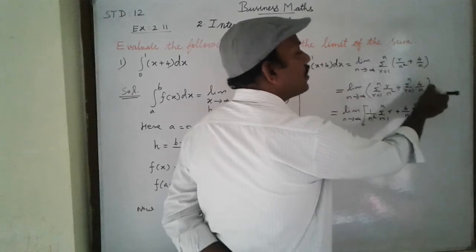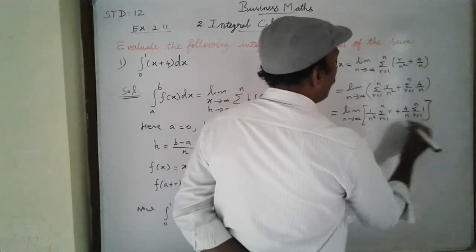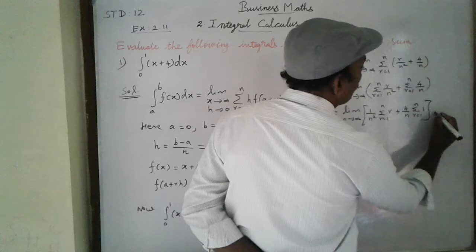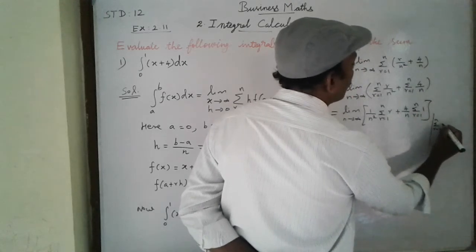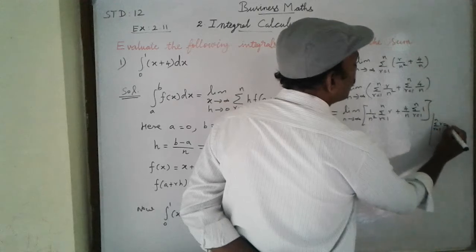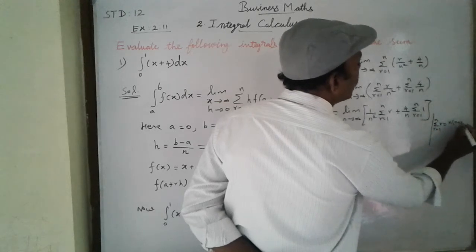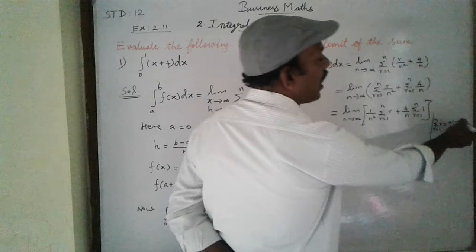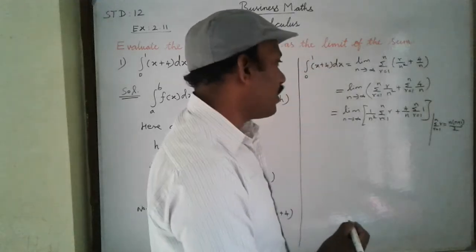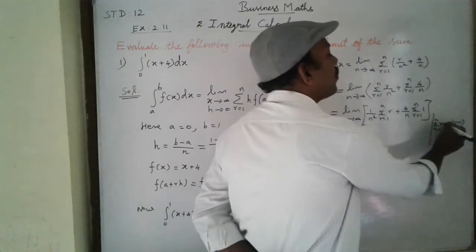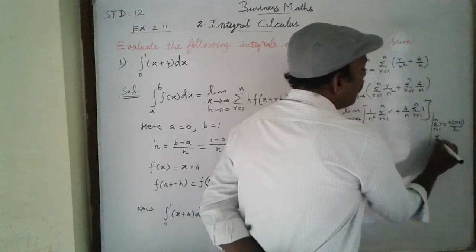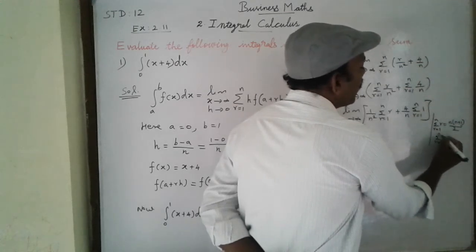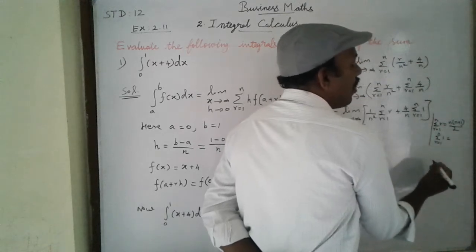Here the remaining value is 1. We know that sigma r equal to 1 to n of r is n into n plus 1 divided by 2. Sigma r equal to 1 to n of 1 is n.